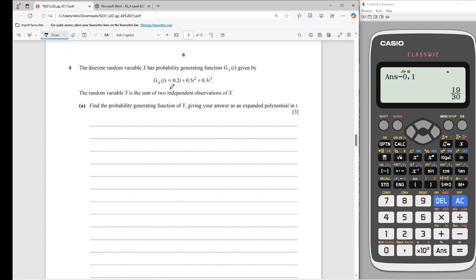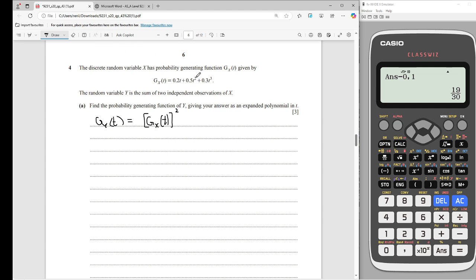Now we have PGFs. To find the PGF of Y, which is a sum of two independent observations of X, you should know that G_Y of t is equal to G_X of t multiplied by G_X of t, which is G_X of t the whole squared. That's the first thing you want to know.